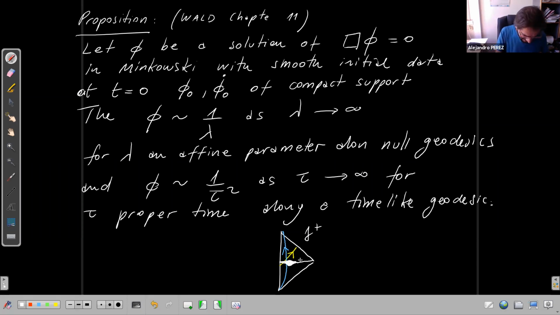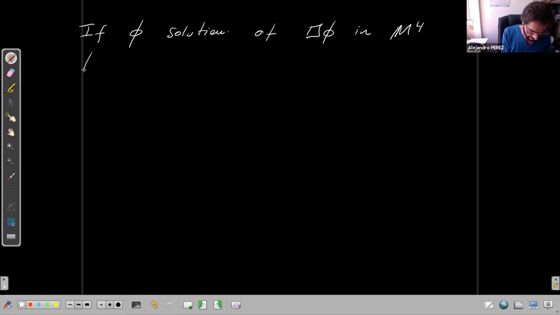So how do you prove that? Well, this is just a sketch of the proof. If phi is a solution of the Klein-Gordon equation in Minkowski, then one can do a conformal transformation.